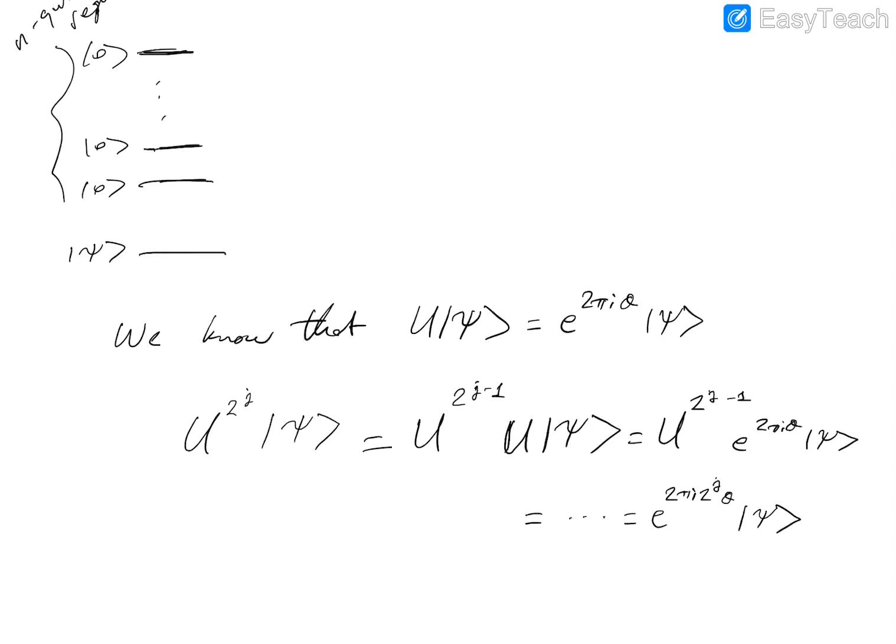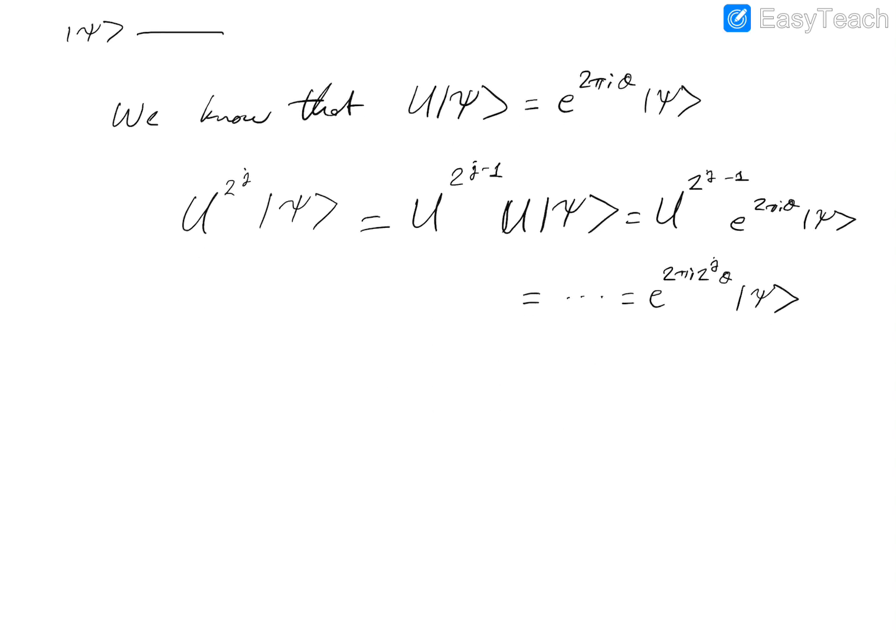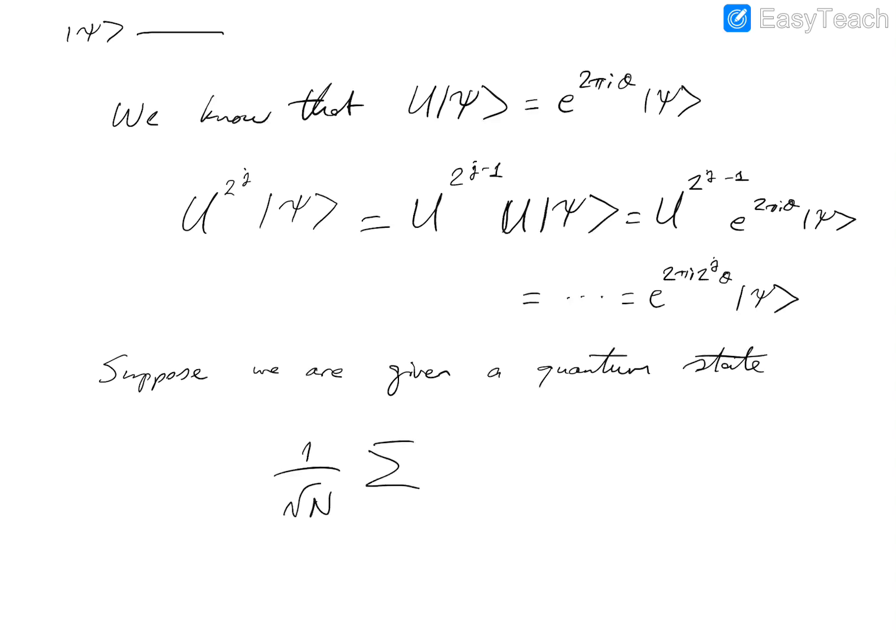Now assume that we are given a quantum state, 1 over square root N, in a general superposition, summation from y equals 0 to N minus 1 of e to the 2 pi i theta y, ket y.